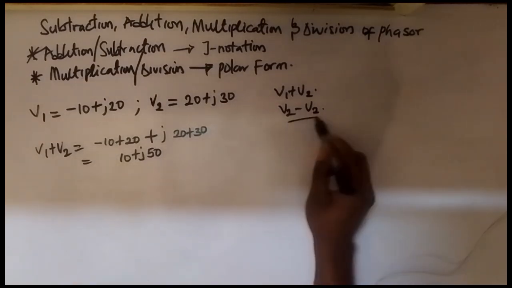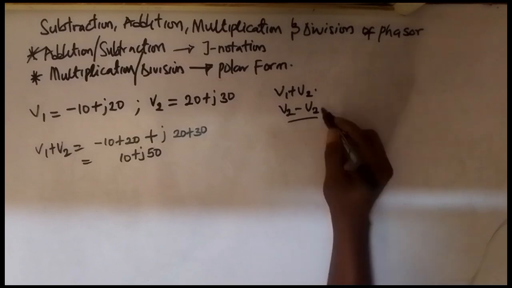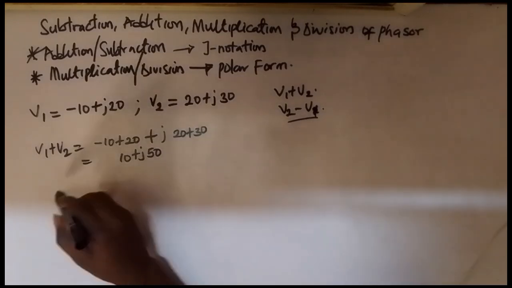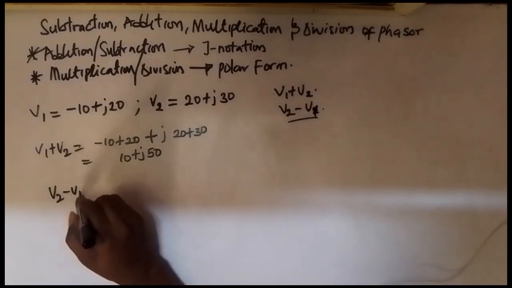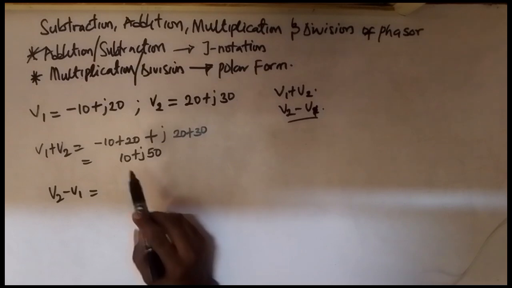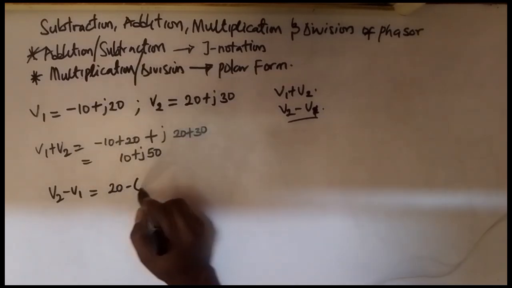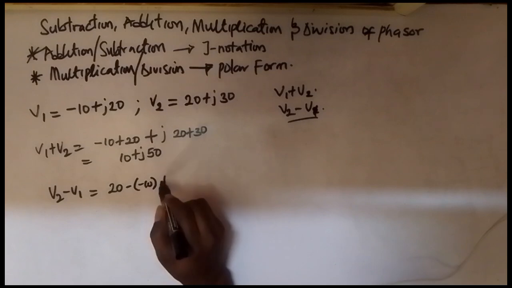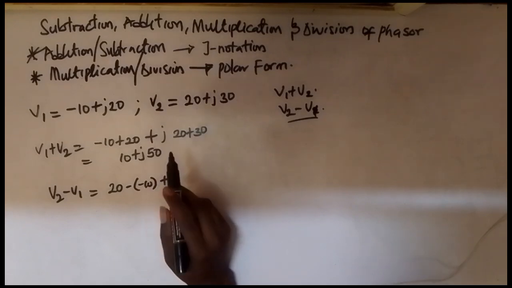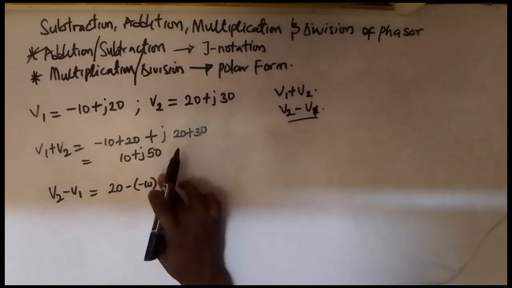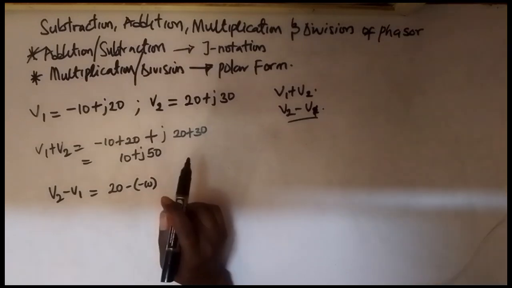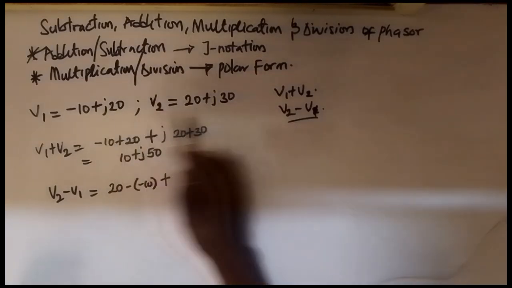Also, let's do for subtracting V1 from V2. So we have V2 minus V1, and this is simply going to be 20 minus minus 10. So now we are subtracting, so we do the same thing here: we plus this, minus this.